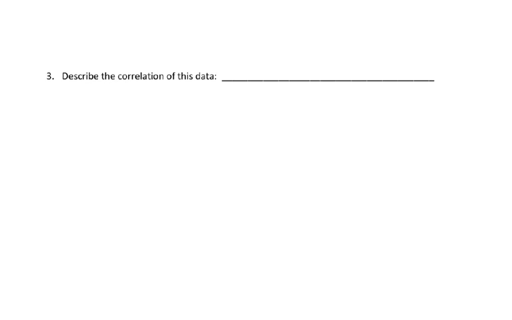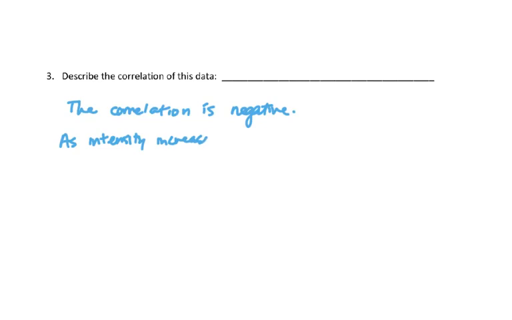Now we're going to describe the correlation of this data, and we're just going to do that in a little more detail than we did before. The correlation is negative. As intensity increases, distance away decreases, so it's closer.